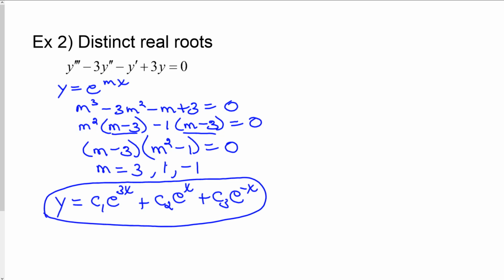When we wrote our auxiliary equation, which is what this is called right here, we set it equal to 0 to solve the homogeneous differential equation, since the right side is 0. Then we simply find the roots. Since they're distinct real roots, we got our solution. That one's pretty simple to do.